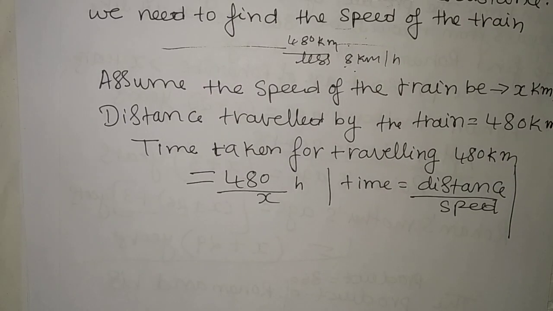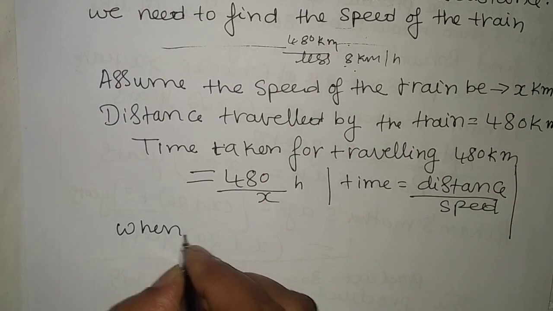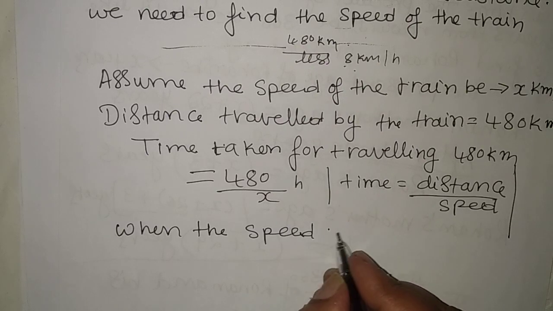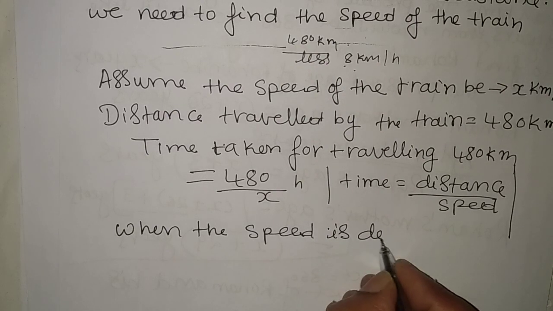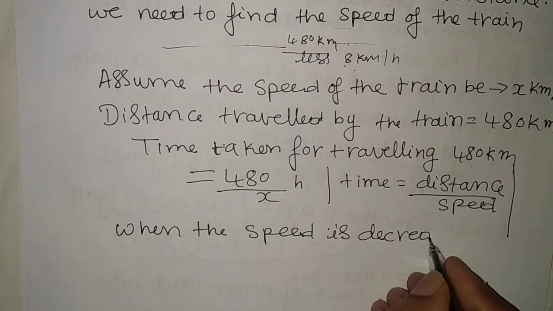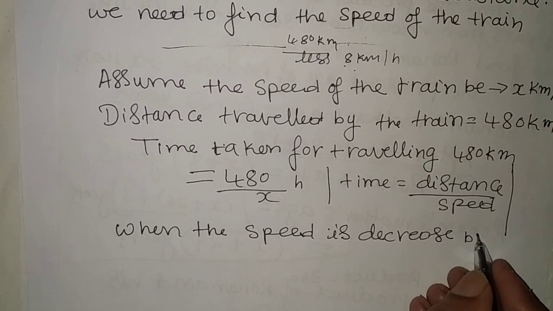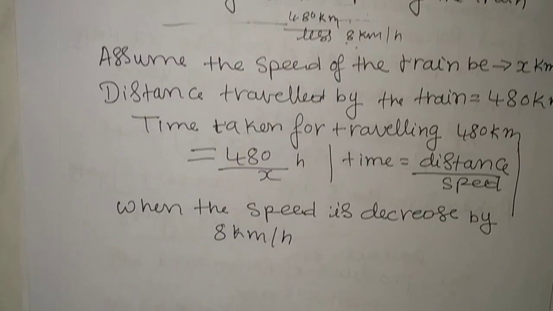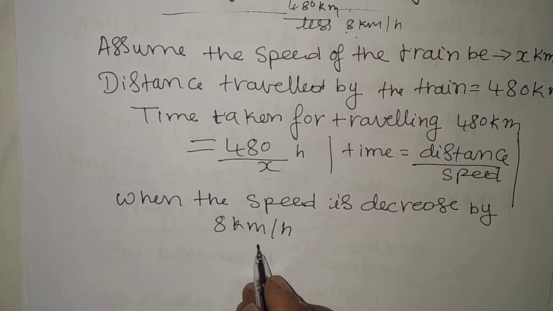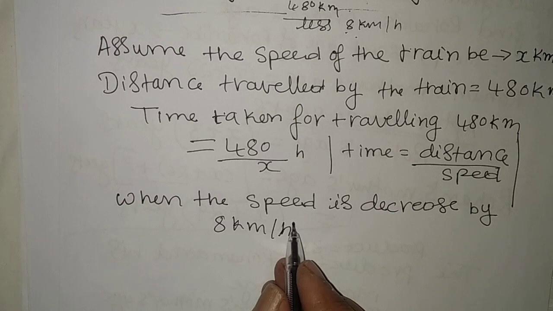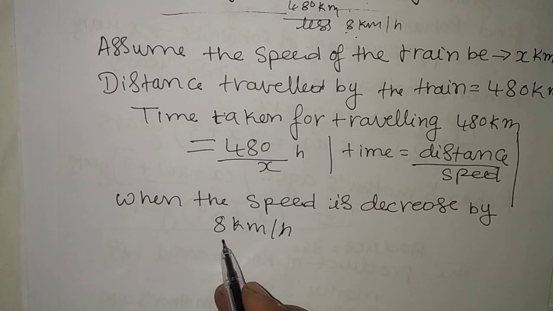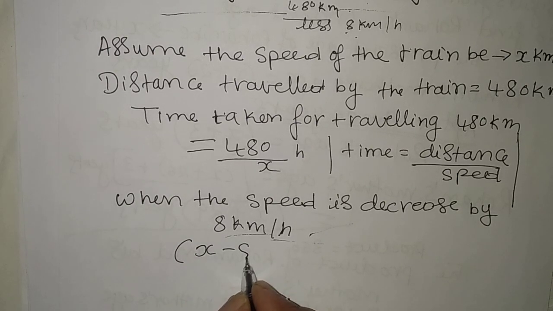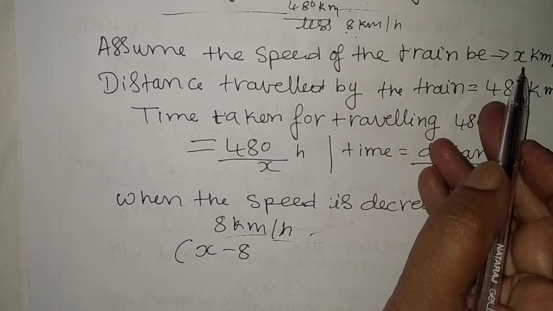Next, when the speed is decreased by 8 kilometers per hour, which means the train starts going slow, then we have to take x minus 8, because we assumed the speed as x.